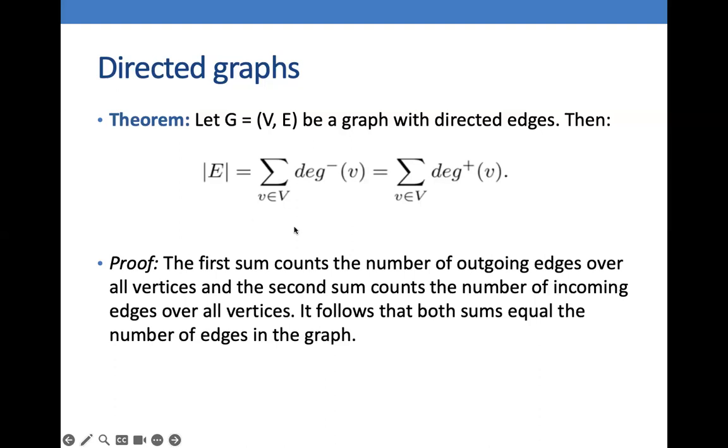So these 3 are equivalent. Okay, so this first sum counts the number of outgoing edges over all the vertices, while the second sum counts the number of all incoming edges over all the vertices. So it follows that both sums equal the number of edges in the graph.